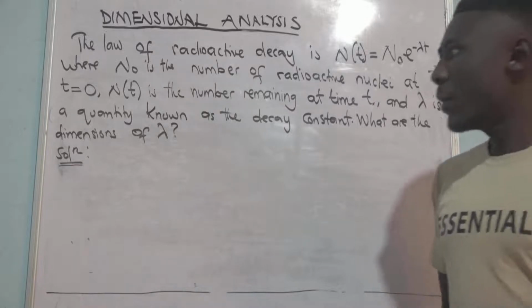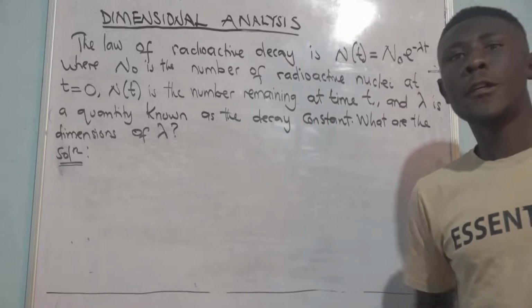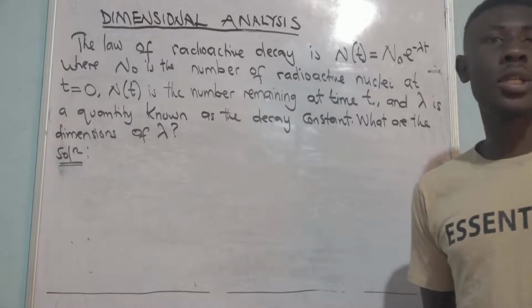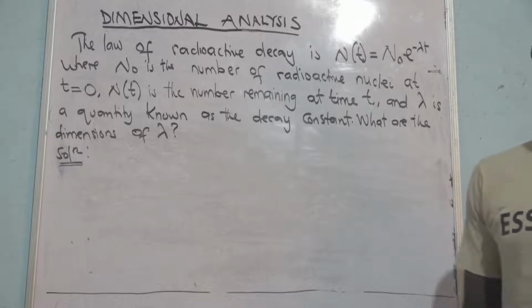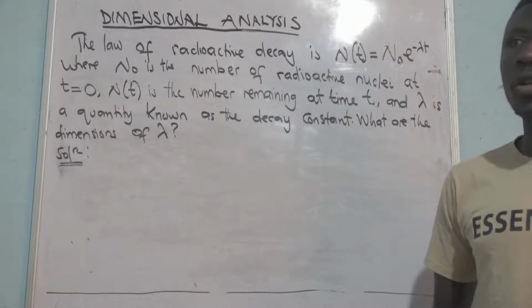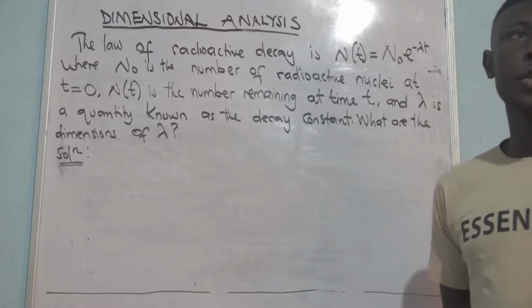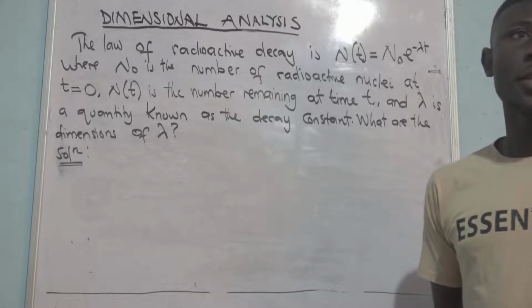Now, what we know about dimensional analysis is that trig functions, exponential functions, and even constants, let's talk of numbers, pi, and all that, are regarded to have no dimensions, or in short, they are dimensionless.